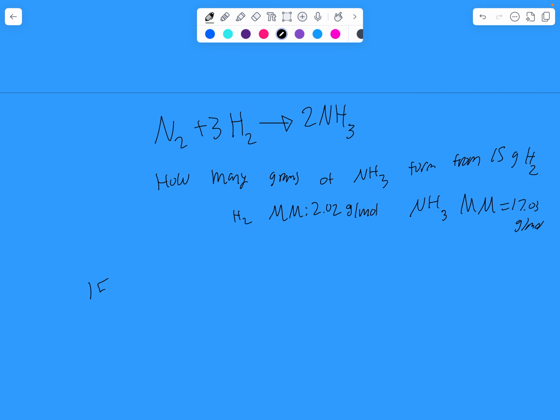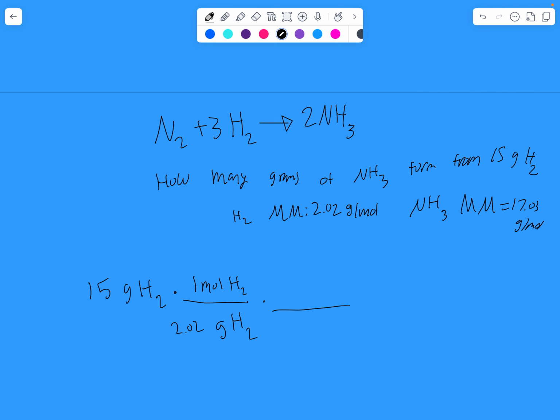So we were given first 15 grams of H2, and we have to get to grams of NH3. So I have 15 grams of H2, and I know the grams of H2 have to cancel out. And for H2, there's 2.02 grams of H2 for every 1 mole of H2.